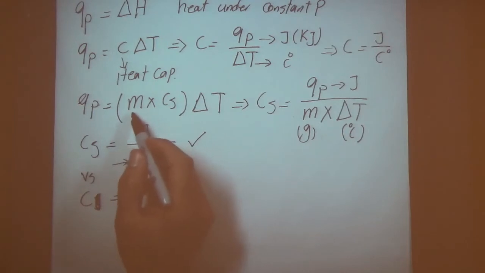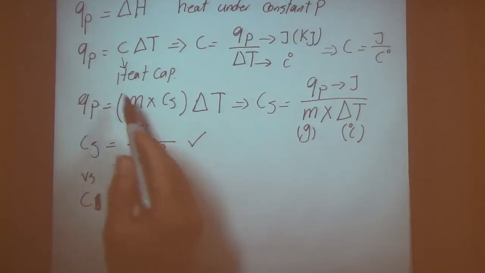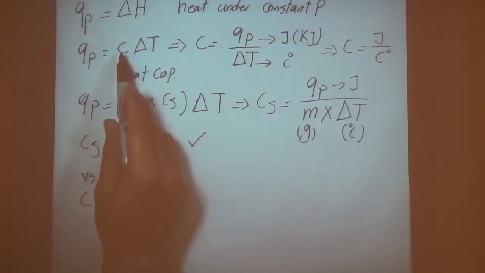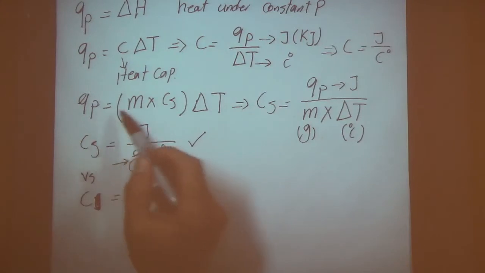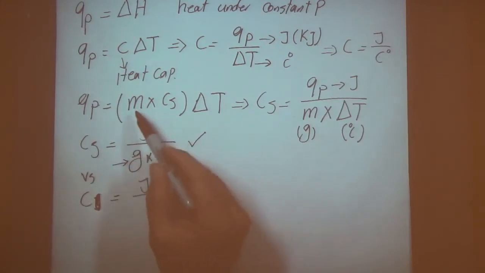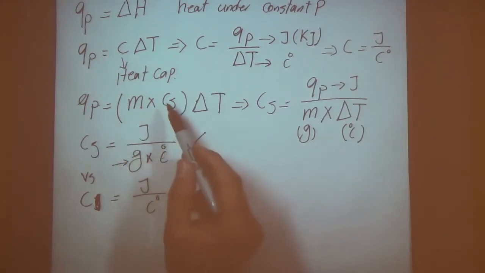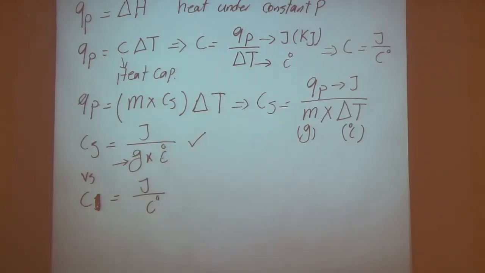Because the mass is not going to be equal to the previous one, the heat capacity will be a different number, and you need to redo everything from the beginning. But when it comes to the specific heat capacity, I don't care what the mass is. Mass can be any number. So give me the mass of the new beaker or Erlenmeyer, I'm going to put it inside the formula, multiply by specific heat capacity, multiply by delta T, and that's going to give me the heat.